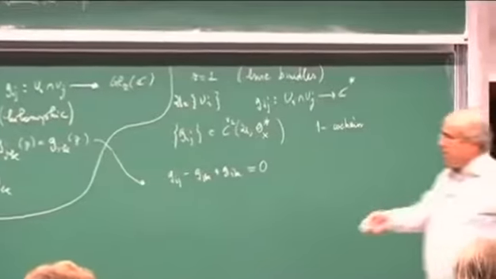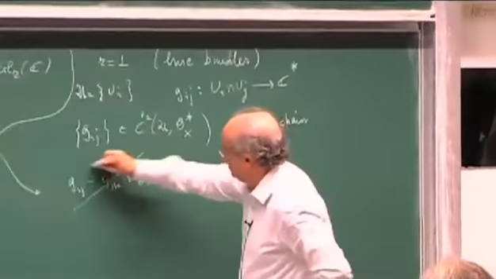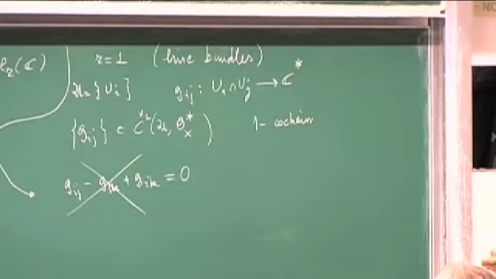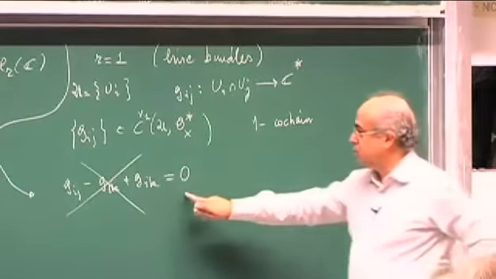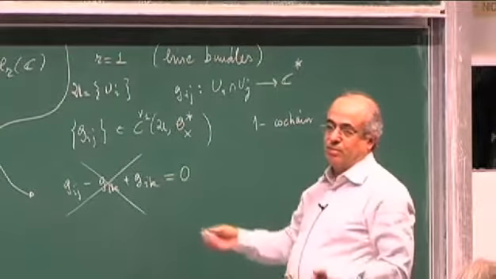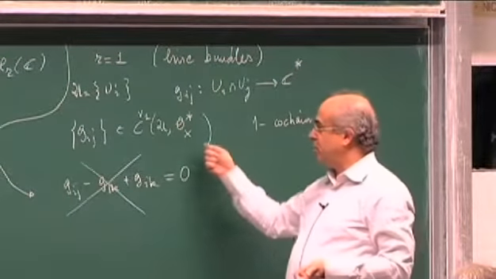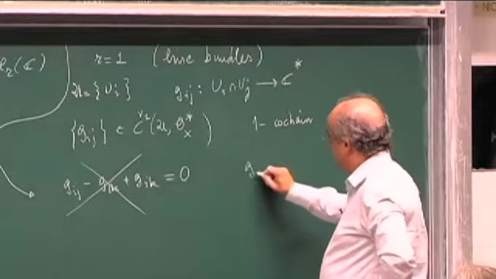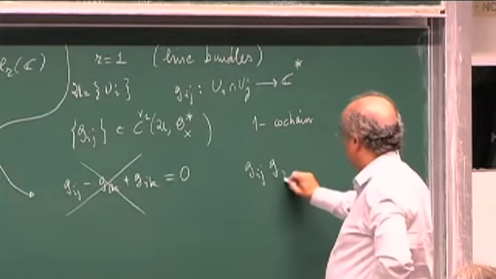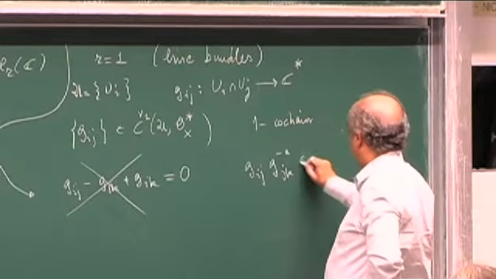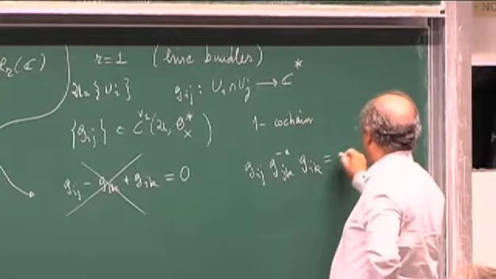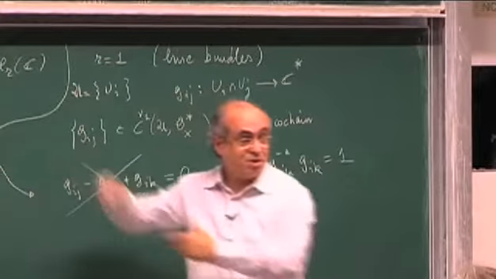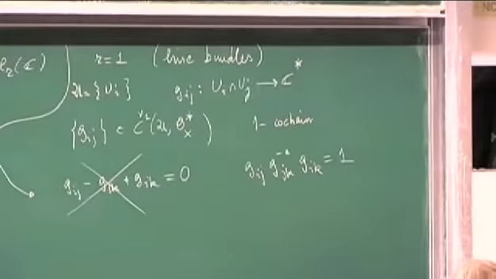But I'm not writing this because in our case the group structure is multiplicative. And therefore, in order to write down the fact that our cochain is closed under the Čech differential, I should rather write something like this. And this is exactly the cocycle condition with some changes in the way I have written it.